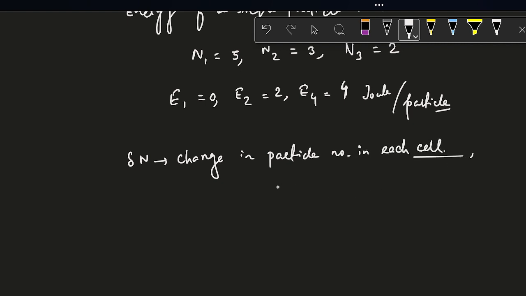Now this change is allowed to be done with the condition that you have to make the total number of particles constant and the total energy of the system constant.